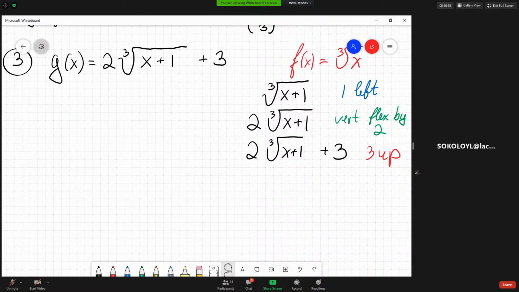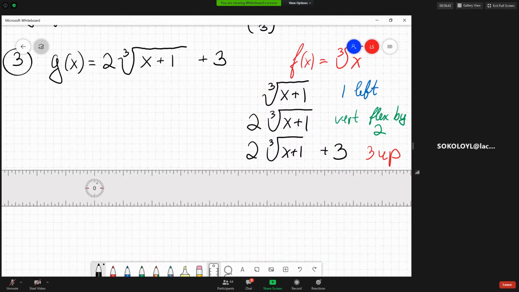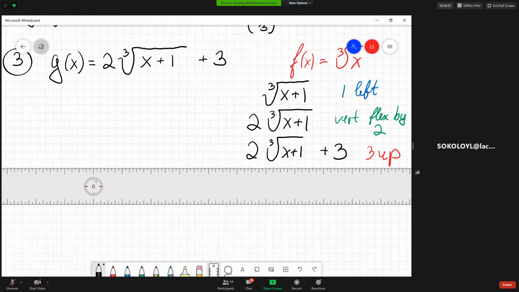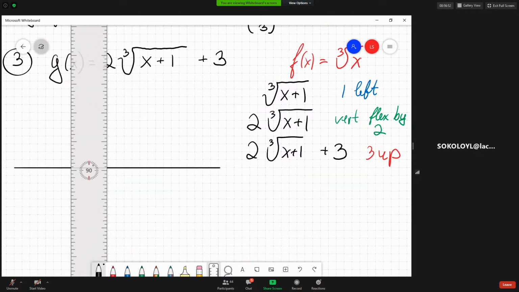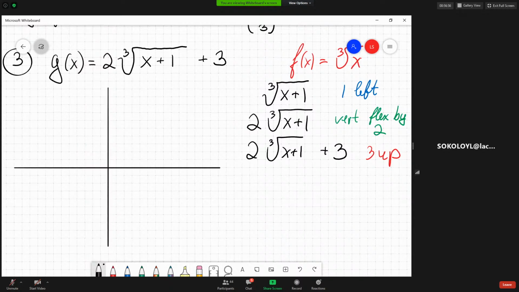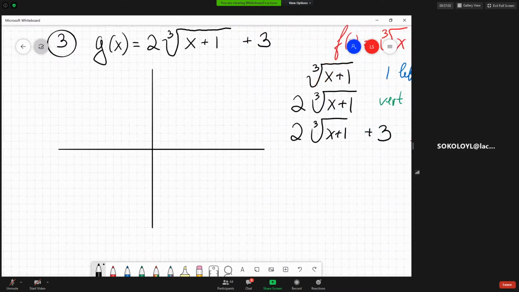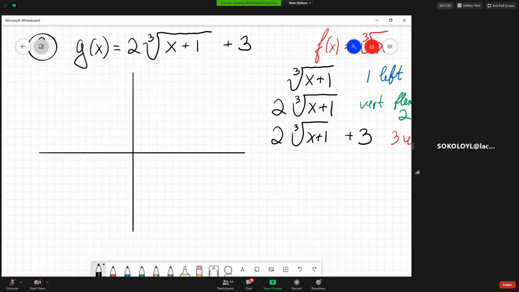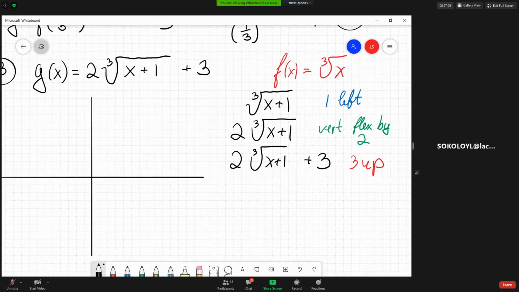We already described our transformations. Let's go ahead and apply them. So I'll start by plotting cube root of x.